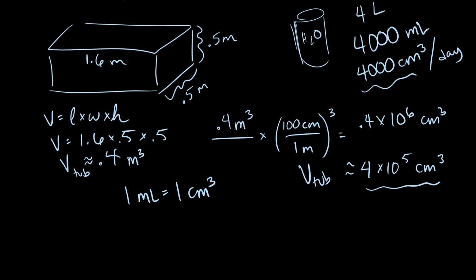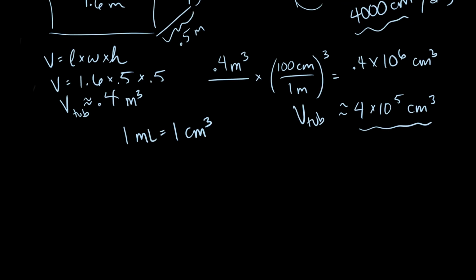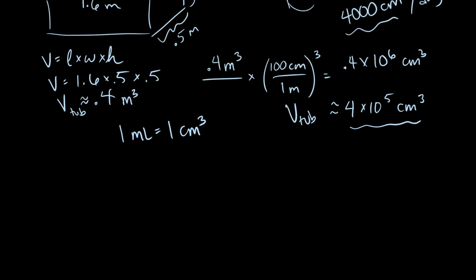So now I have the volume of the tub and the volume per day. But now I have to figure out how many days I'm probably going to live, because this says in your lifetime. Optimistically, let's say I live to be 80 years old, hopefully longer, but 80 is a nice number to deal with.